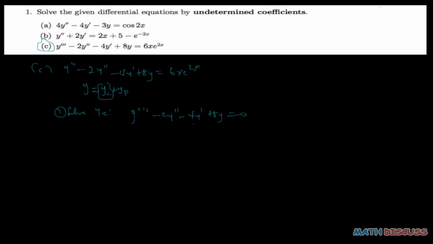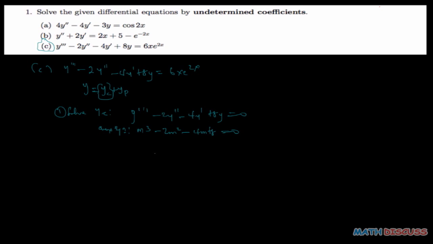To solve it, I'll form the auxiliary equation. Anywhere I find y, I write m. So you have m cubed minus 2m squared minus 4m plus 8 equals 0.